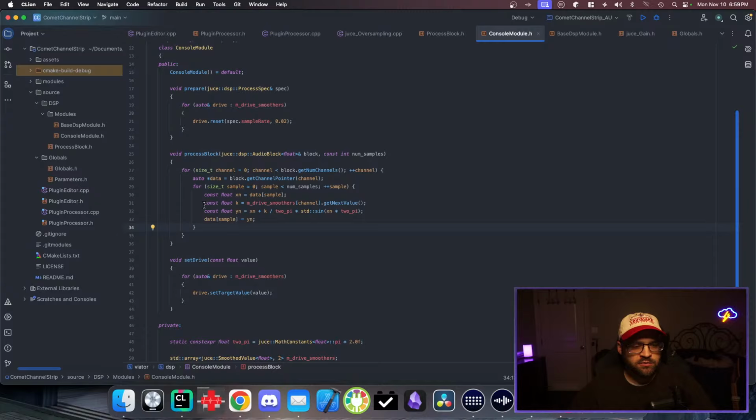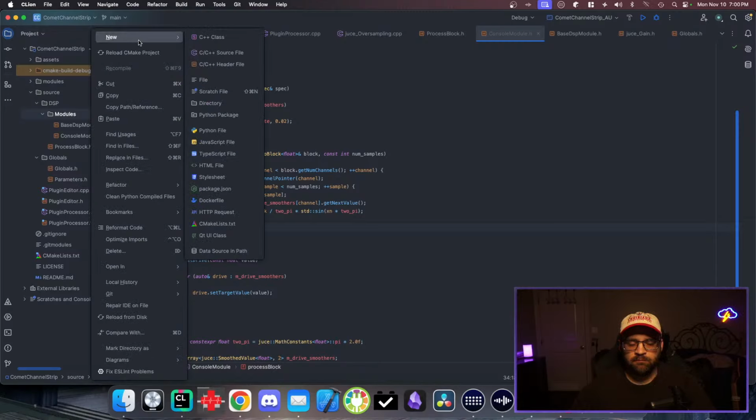We already have a module called console module. So I think to demonstrate this, let's create a new one, and we're going to call it bus module, I guess, because I already wanted to do some kind of output bus thing, kind of like the Slate console collection thing.